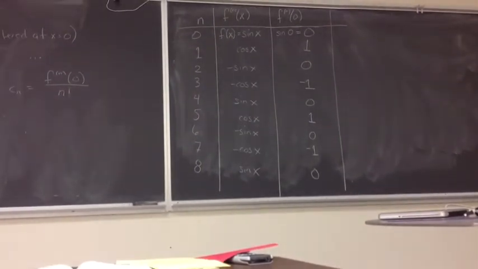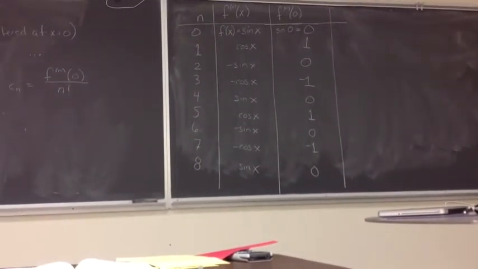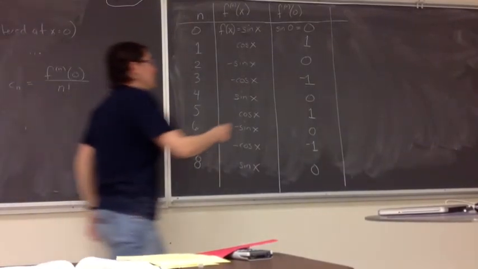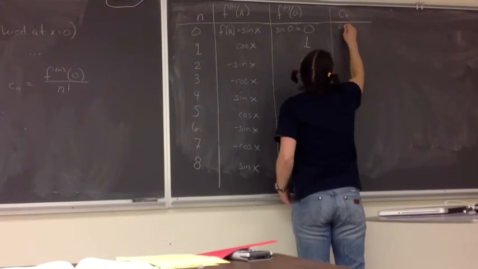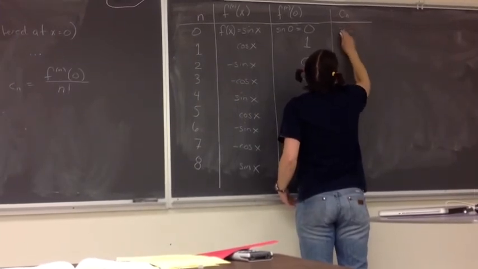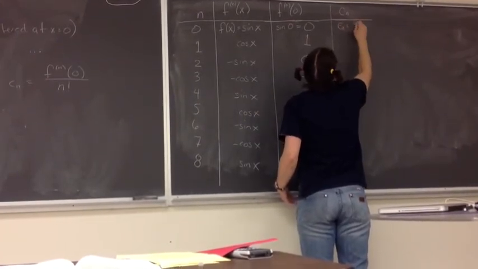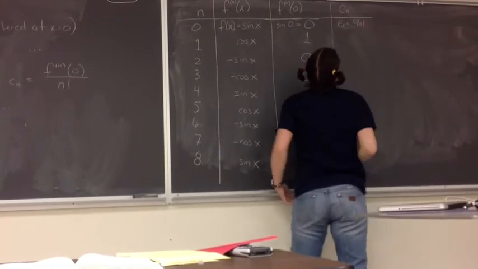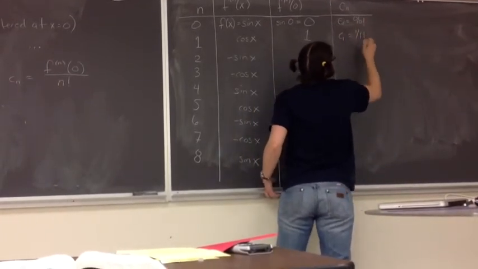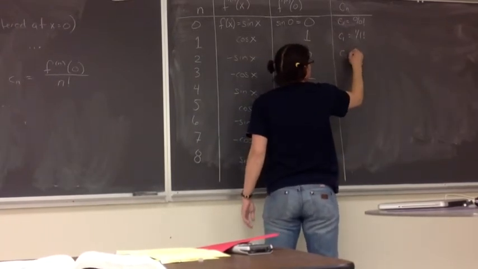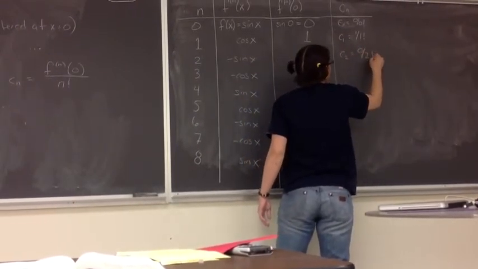Okay, any questions about any of those values? Okay, so our final column in our table is the Cn column. And so we have 0 over 0 factorial, that's our C0. C1 will be 1 over 1 factorial. C2 is 0 over 2 factorial.